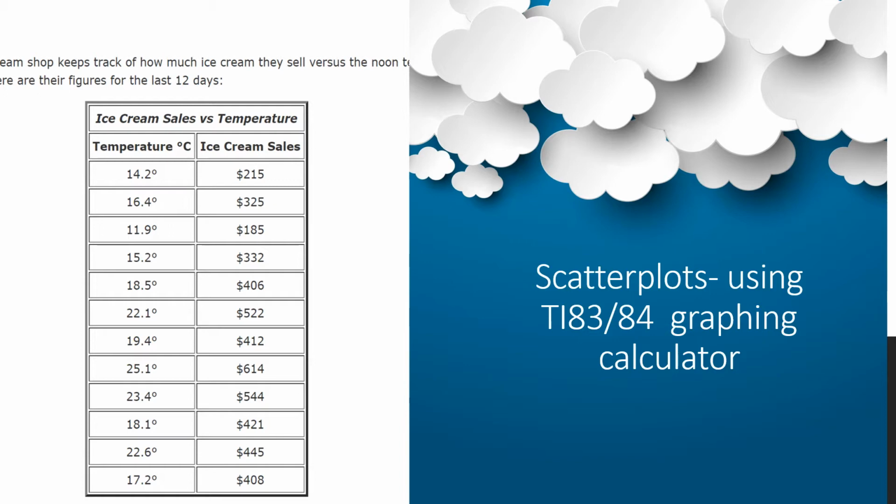So we have to enter this x under L1 of our stat edit in our calculator, and L2 will be the response variable, which is our ice cream sales. So entering those values under L1 and L2, L1 is our X, which is our temperature, and L2 is our Y, which is our sales during those 12 days.